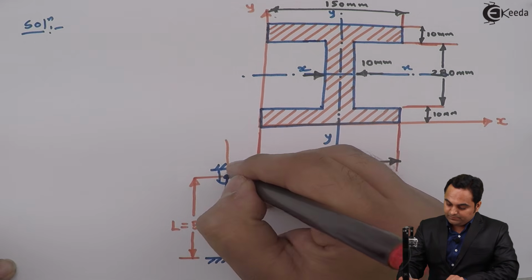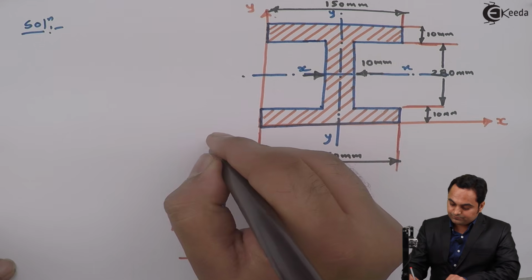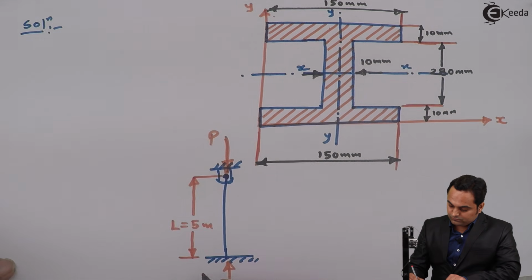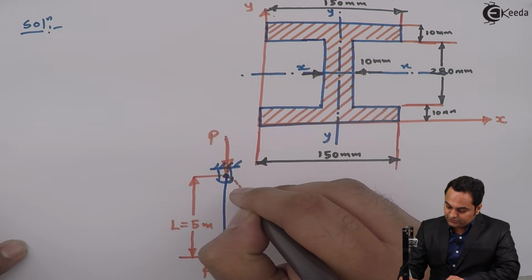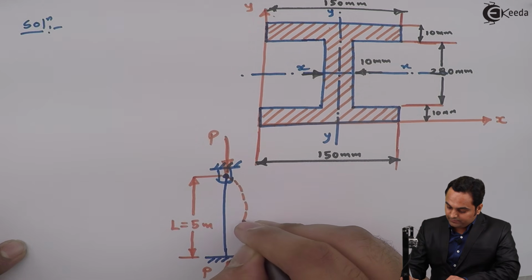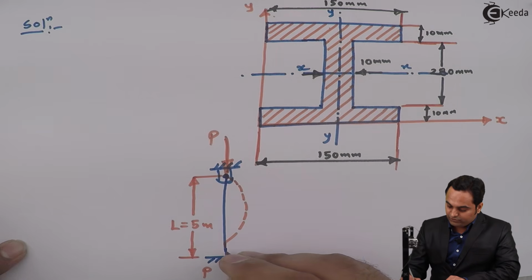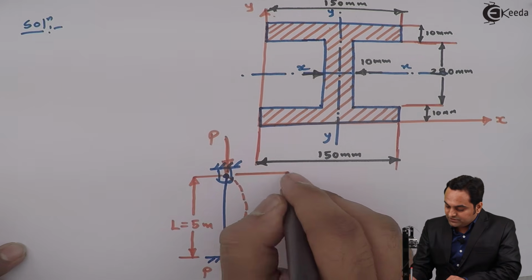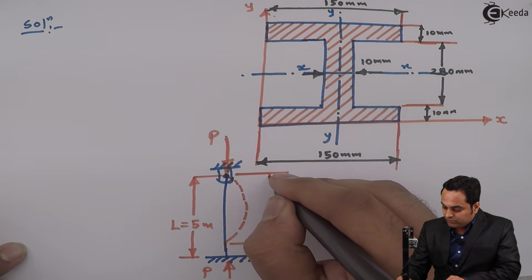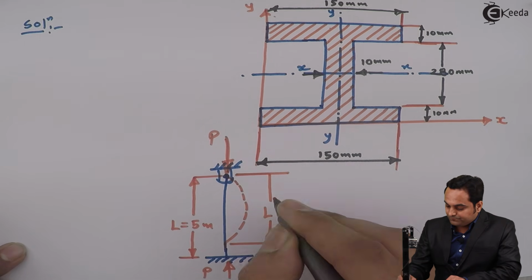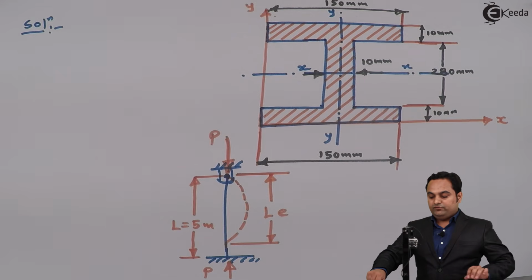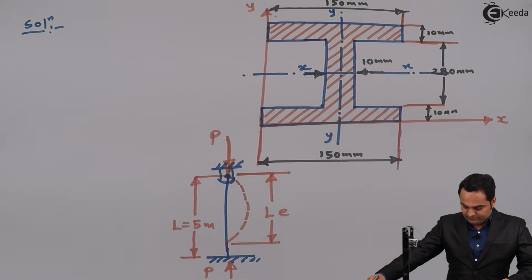And when the load is applied over this column, then it will start bending from the hinge portion, and bending will stop before the fixed end. So this much is the length which is subjected to bending, called as the effective length of column. So first we'll calculate this effective length.